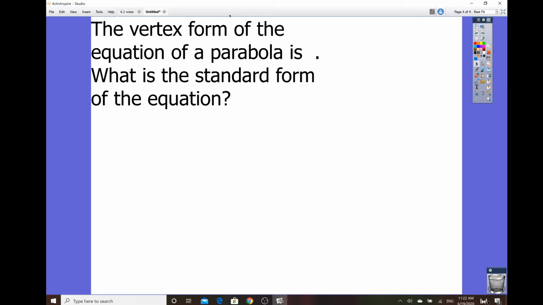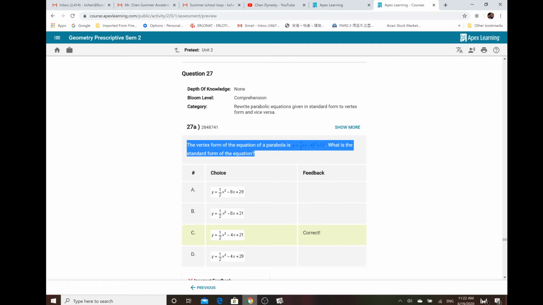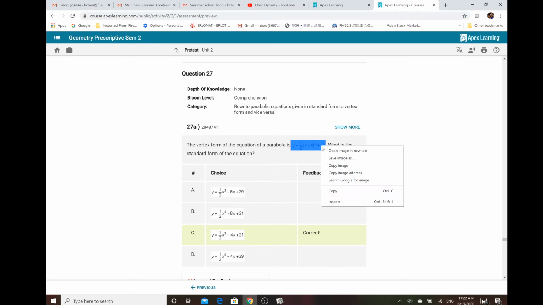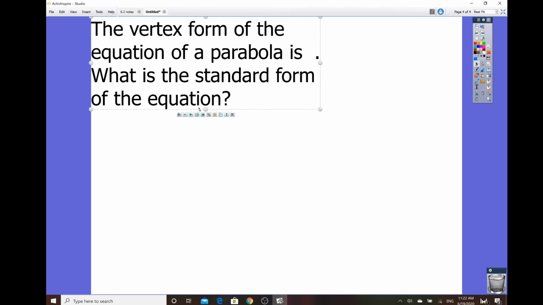The vertex form of the equation of a parabola is, okay, I cannot copy down the equation here, so let's see. Copy image. Paste. So here's the equation of the parabola.